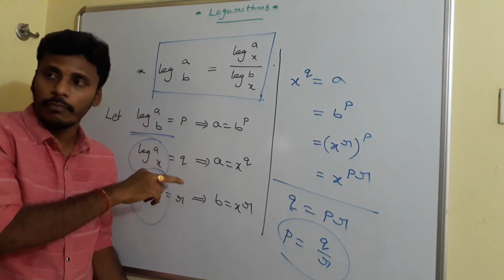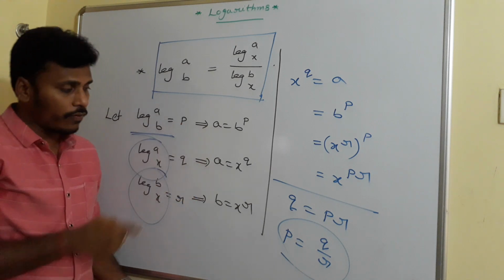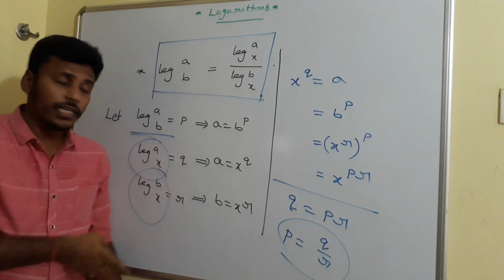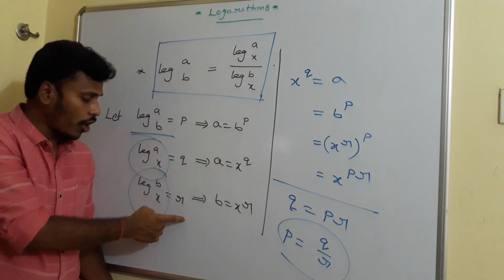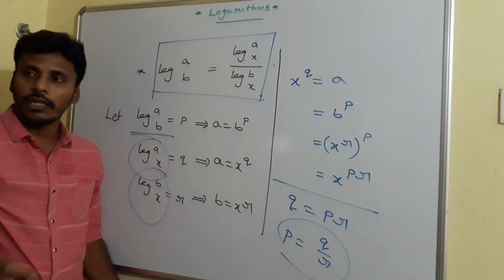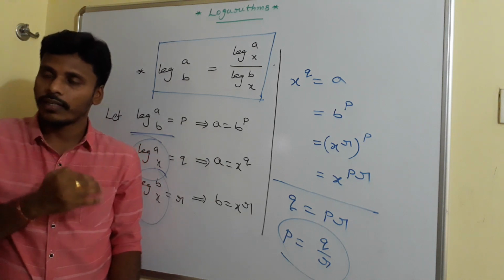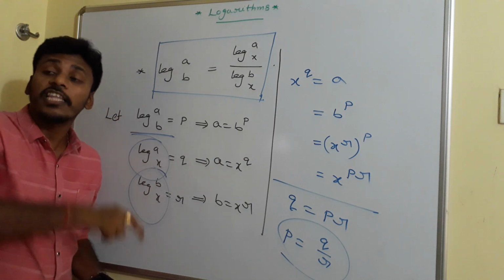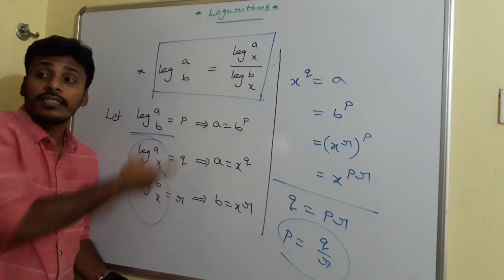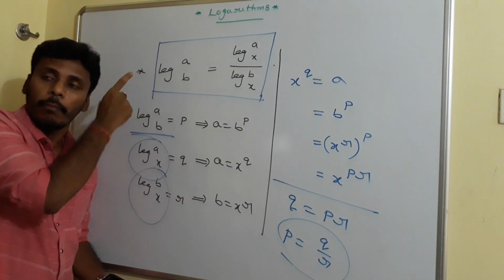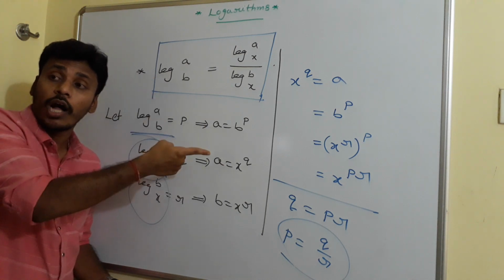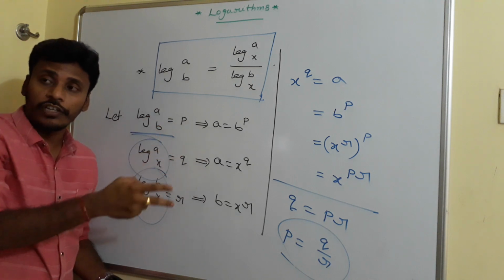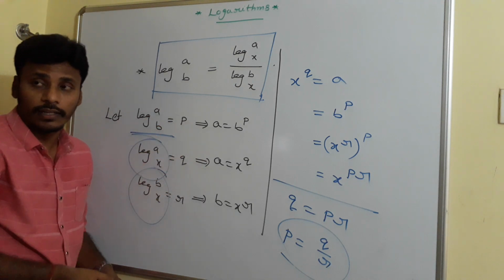Equalize both sides, and since the base is x, just equalize the powers, that q is equal to pr and p is equal to q by r. Since p is log a base b, q is log a base x, and r is log b base x, you have this law that log a base b is equal to log a base x by log b base x. And this law is helpful to change the base of the logarithm. Why? Since the left side is the logarithm with base b, whereas on the right side you have logarithms with base x. So this is helpful in situations where you need to change the base of the logarithms.